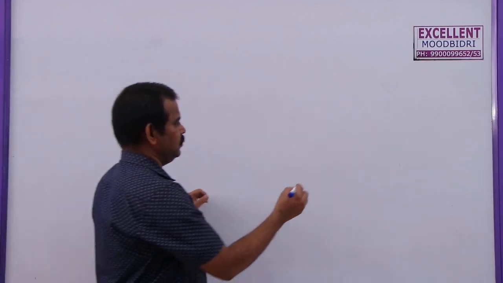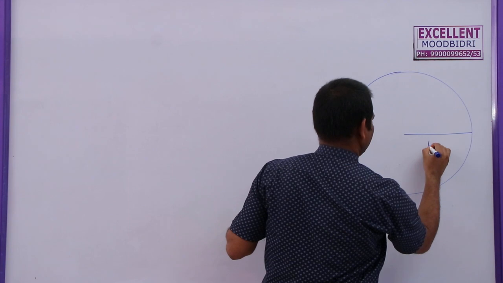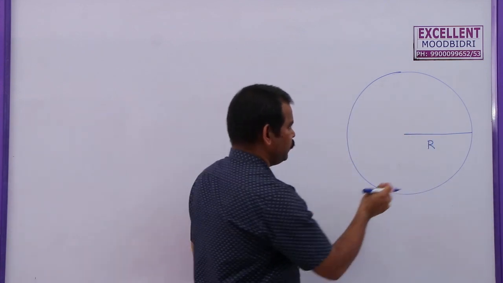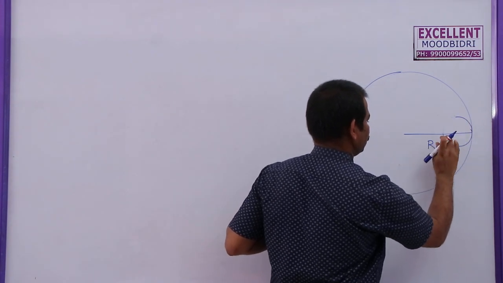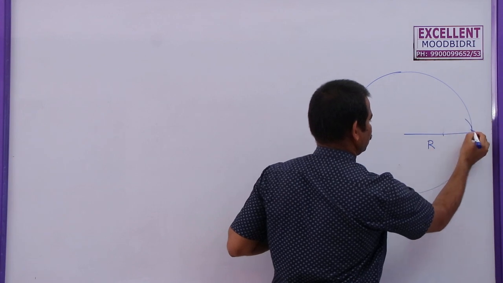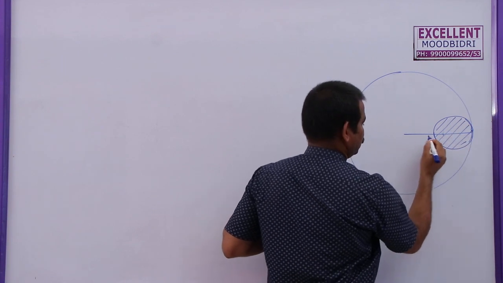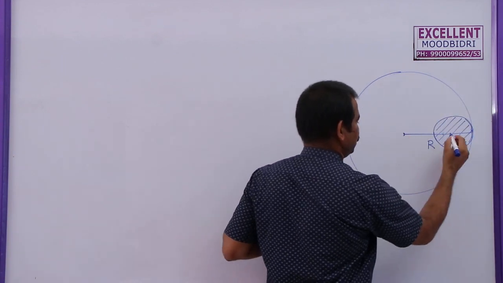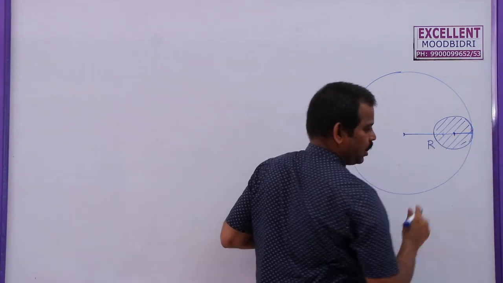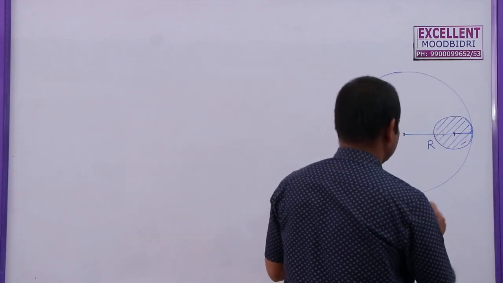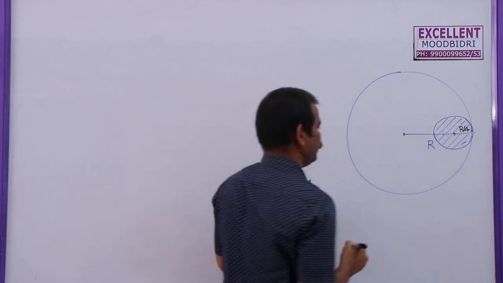Here there is a circular disc of radius, let us say, r. From this circular disc, a small disc is removed. So the radius of the bigger disc is r, and the radius of this one, from here to here, is r by 2, and let us say this is r by 4. So this radius is r by 4.